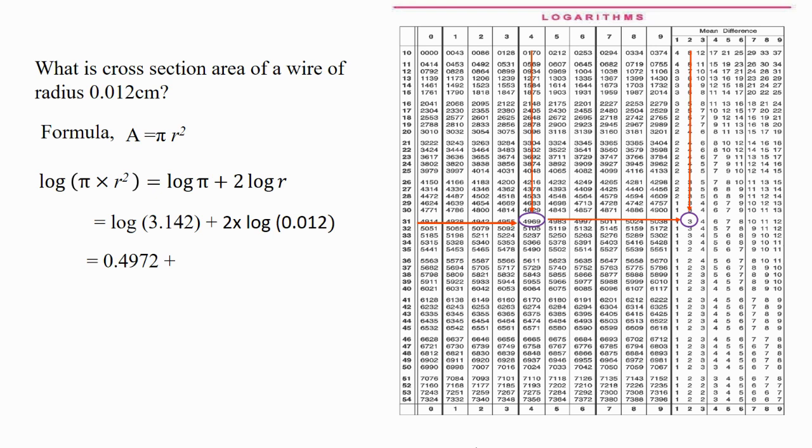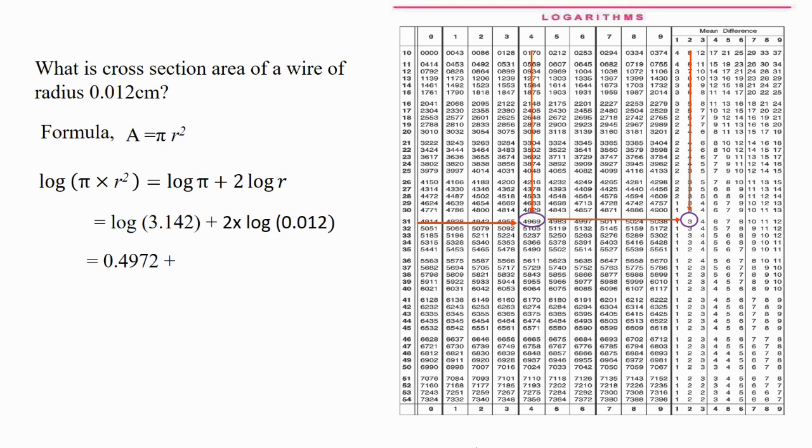Now you can see, student, over here the given number is less than 1. So the characteristic should be negative, which is represented in the form of a bar. For finding the characteristic for such a number, you have to count the number of zeros before the first non-zero digit. The first non-zero digit is 1. Before that, there are 2 zeros.